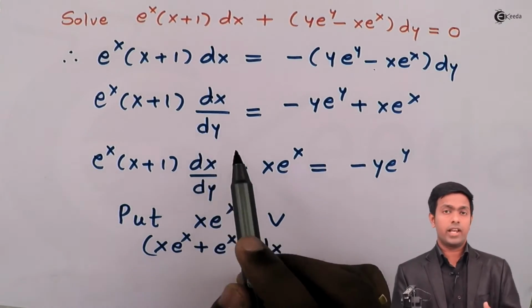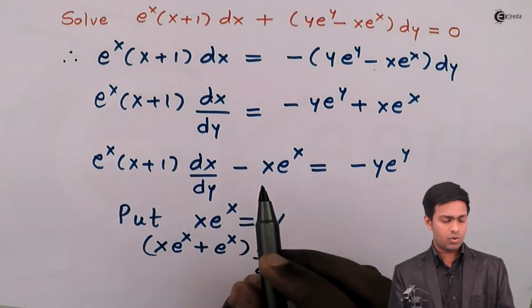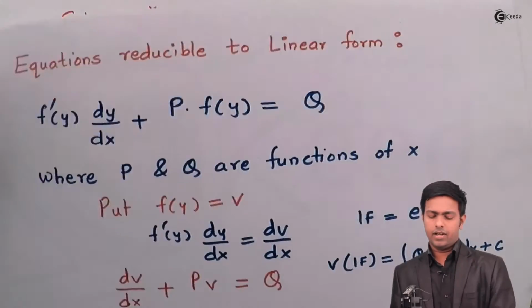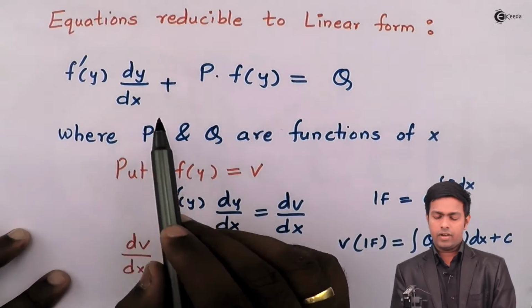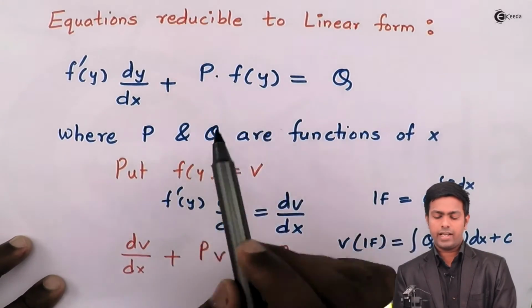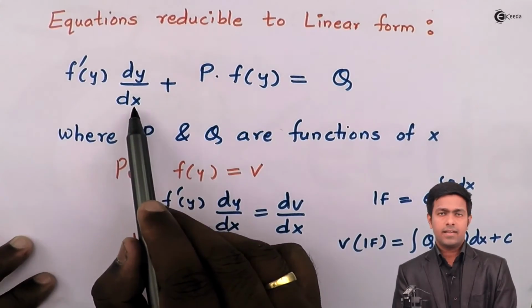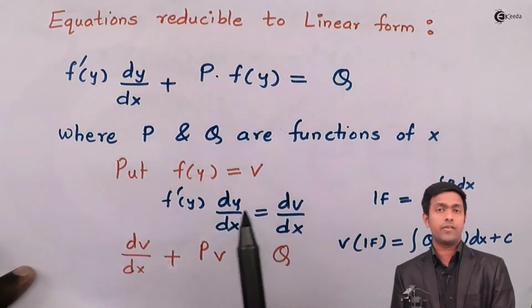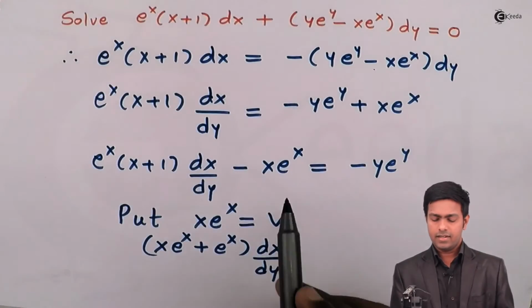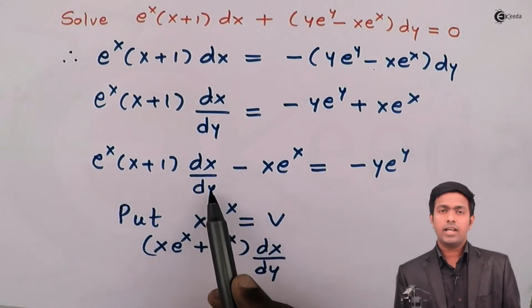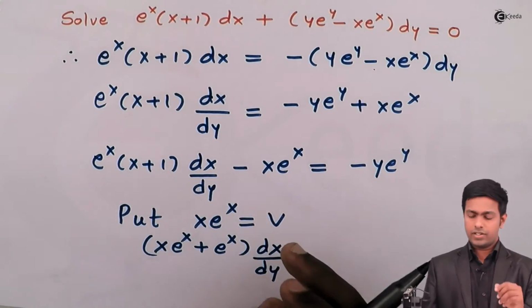It means y is the variable of differentiation. So always remember guys that in the earlier case we were putting f(y) as v and the variable of differentiation was x. So we differentiated both sides with respect to x, but in this case, in the denominator we have dy, so the variable of differentiation will be y.